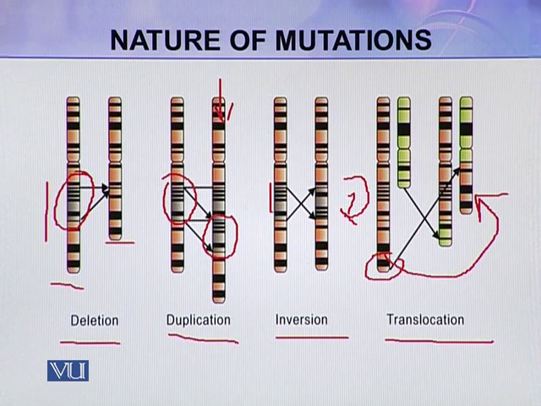So these are called translocations, as this green portion is deleted from here and it is attached here. These are translocations. So these deletion, duplication, inversion and translocation are big mutations, in contrast to the point mutations.